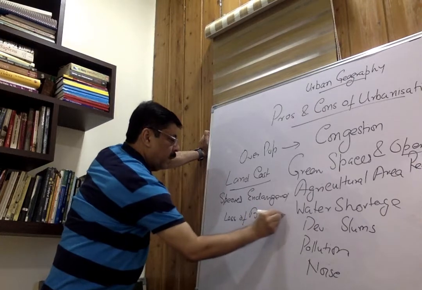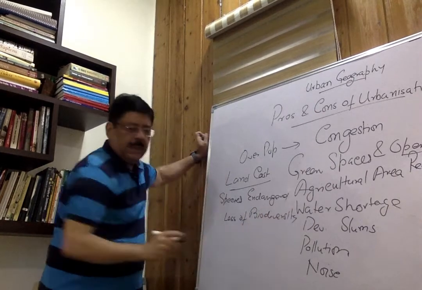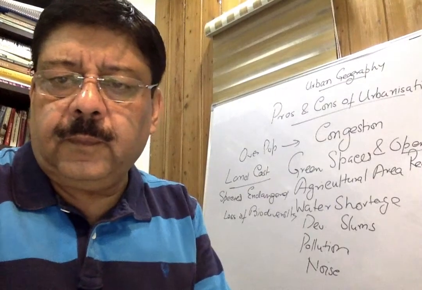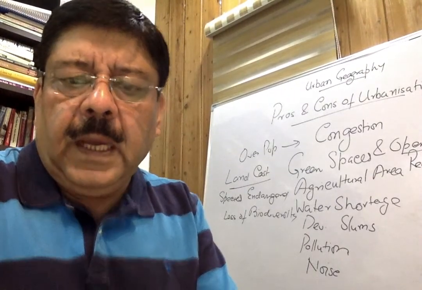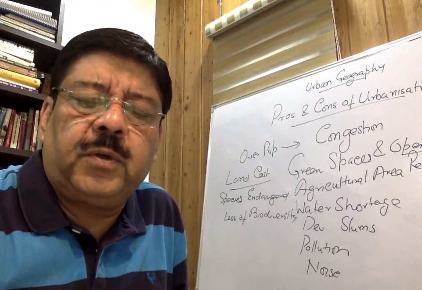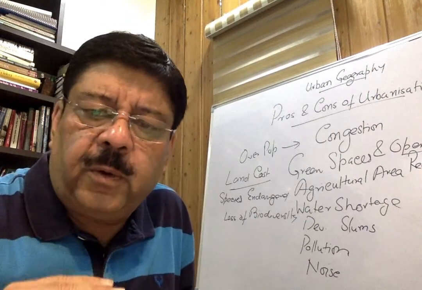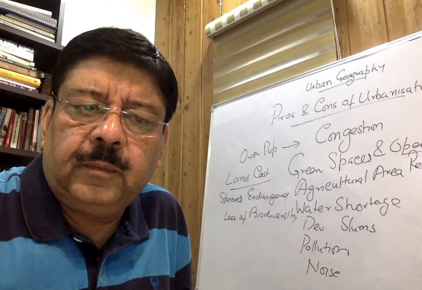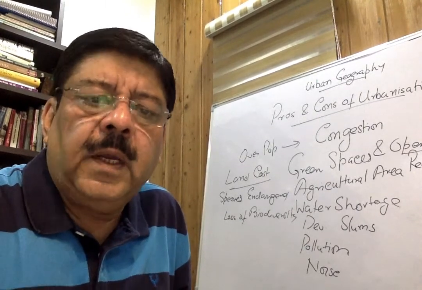Most of the areas are covered with cement, which hinders the percolation of water into the aquifer. Yes, aquifers are reduced. Why are aquifers reduced? Why is the water table going down? As one of the cons is congestion, which builds the cemented area all around.